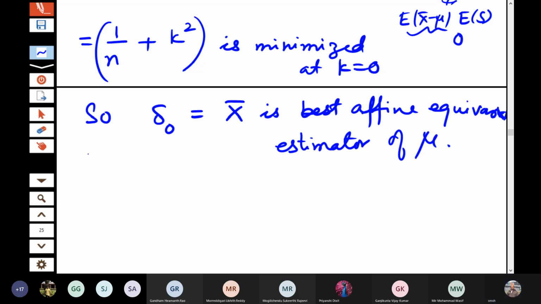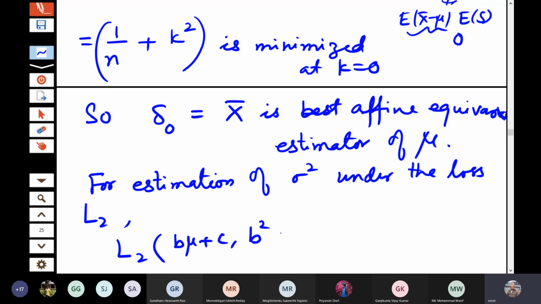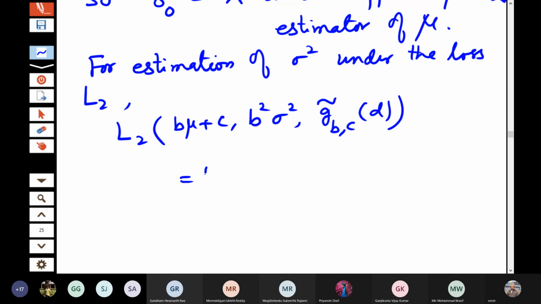For estimation of sigma square under the loss L2, now we require L2(b mu plus c, b square sigma square, g_bc d) equal to L2(mu, sigma square, d).